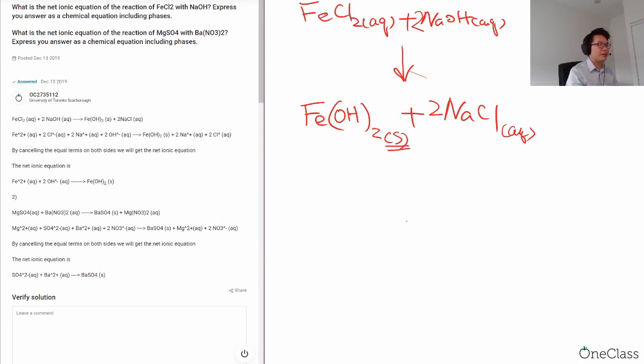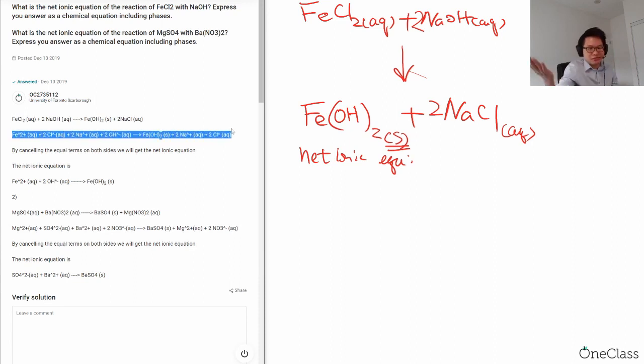Okay, so we have a complete reaction equation over here, and we have to write the net ionic equation. For the net ionic equation, you can do 2 different things. First of all, you can just write down all of the ions on the left like that, and then remove the ions that you can see on the left and on the right.